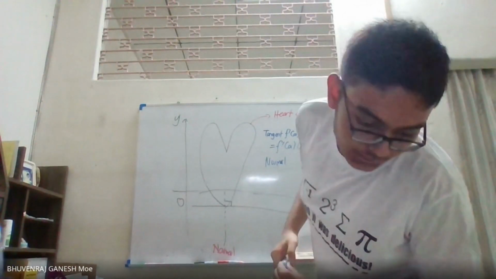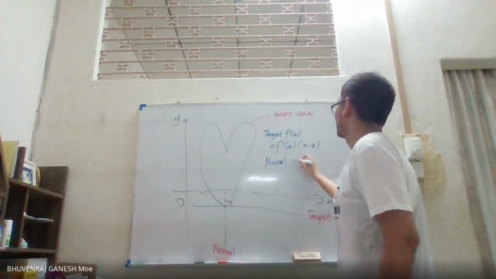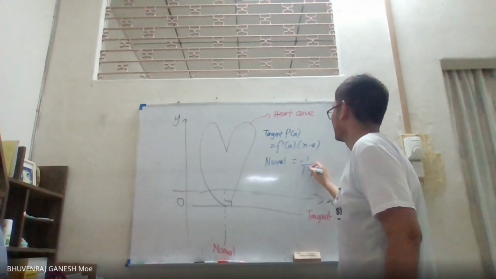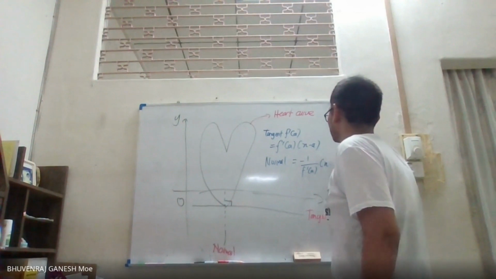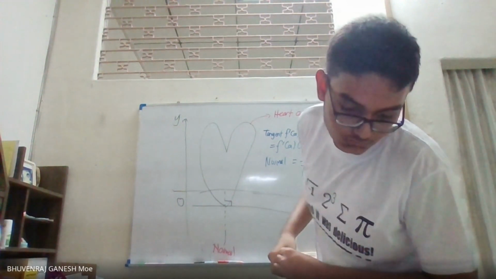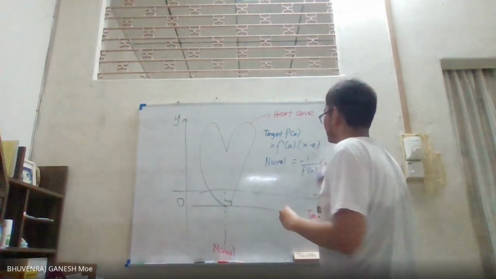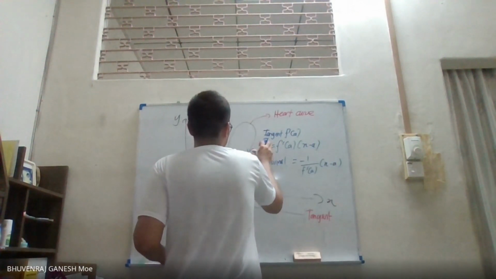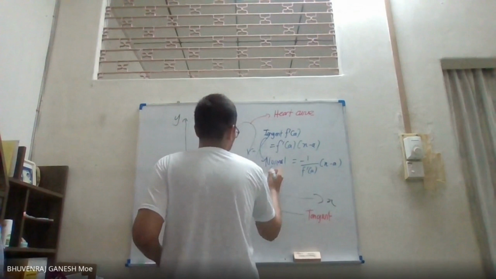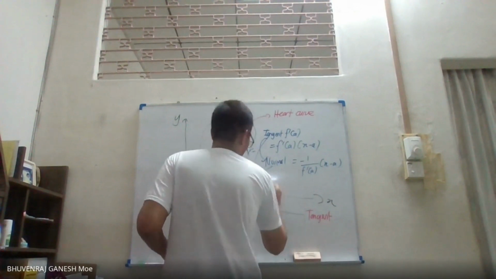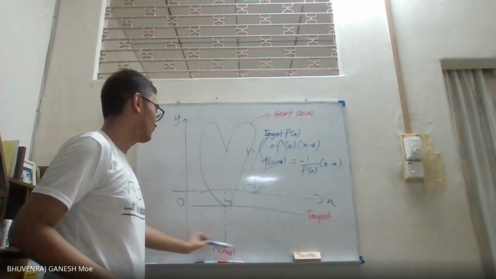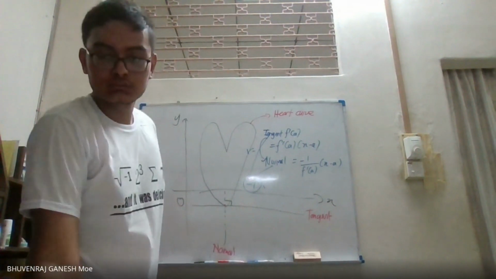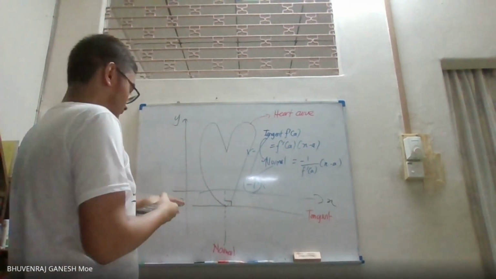Normal you will get -1 over f prime a and also x minus a. So yeah. So it's basically opposite of this because this times this you get -1, times together your product will be -1 in tangent and normal. So yeah, this is how they are related.